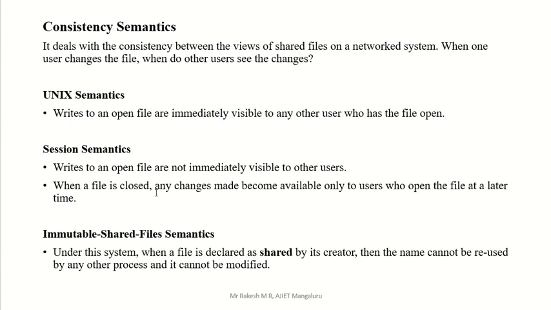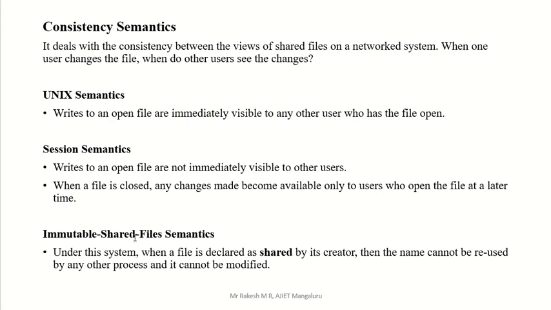The second person can't see those changes because he can't open that file itself. When can he open that file? When the first person's editing is completed. Only then can the second person open that file. Till then, the second person has access, but opening the file is not possible. This is called session semantics. But in Unix semantics, whenever the first person is editing, the second person can also open it and see the editing part. Session semantics means once the editing is completed, only then can the file be opened by another person.